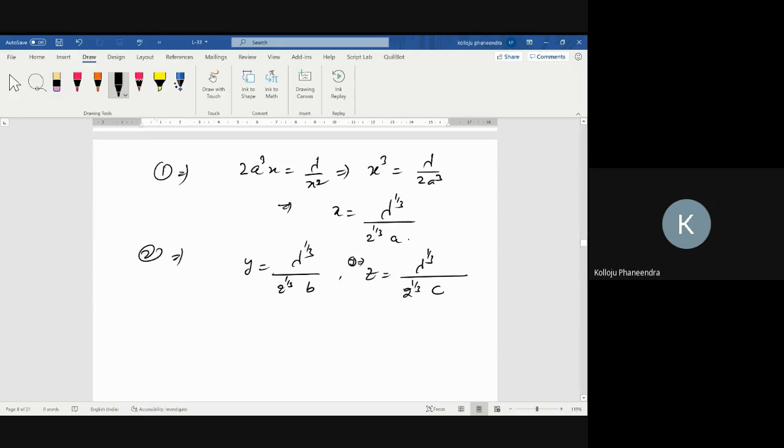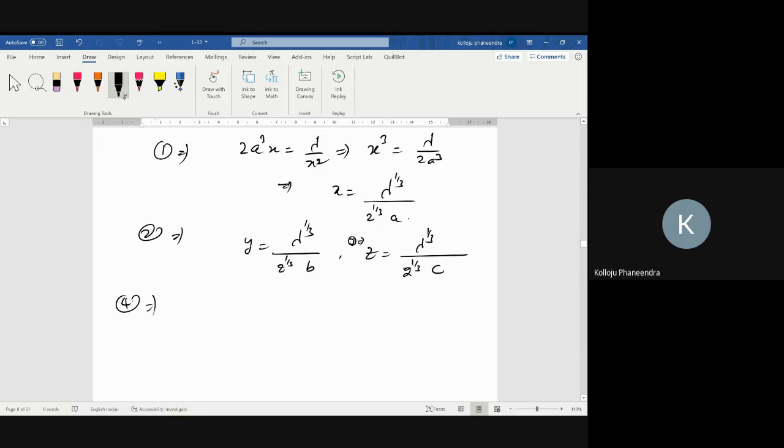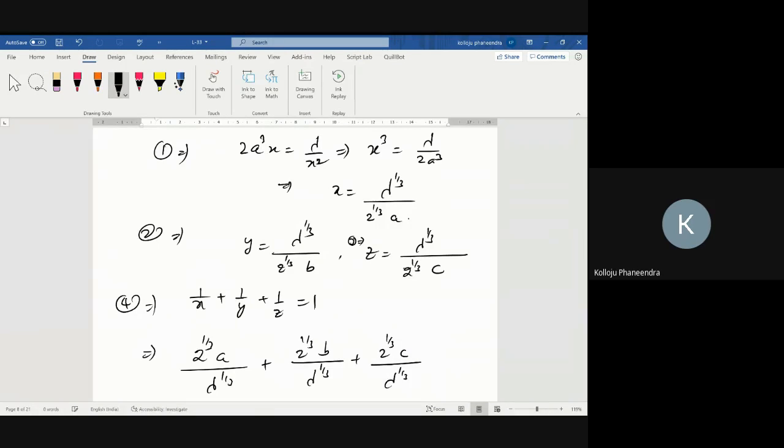Substitute x, y, z in equation 4. What is 4? 1 by x plus 1 by y plus 1 by z equal to 1. This implies 2 power 1 by 3 a by lambda power 1 by 3, plus 2 power 1 by 3 b by lambda power 1 by 3, plus 2 power 1 by 3 c by lambda power 1 by 3 equal to 1.